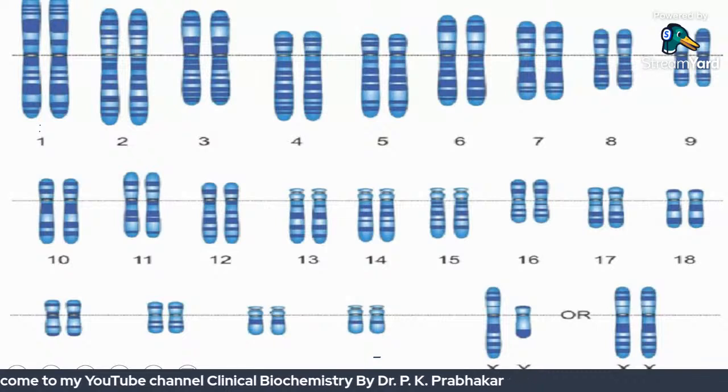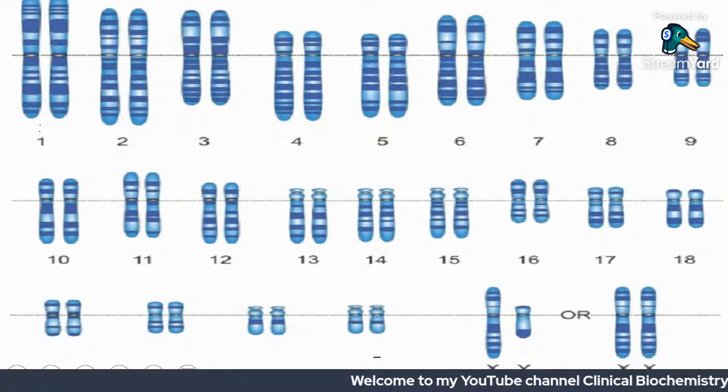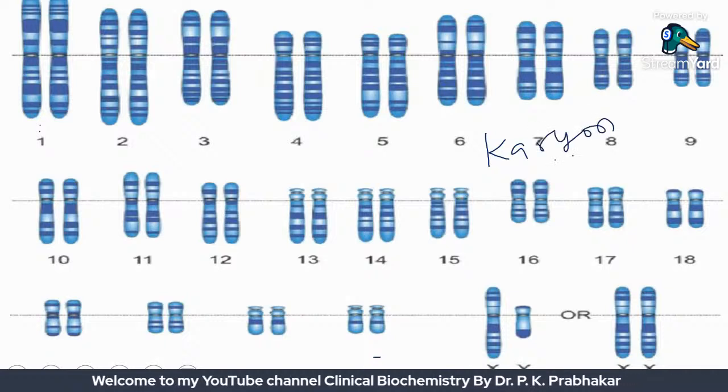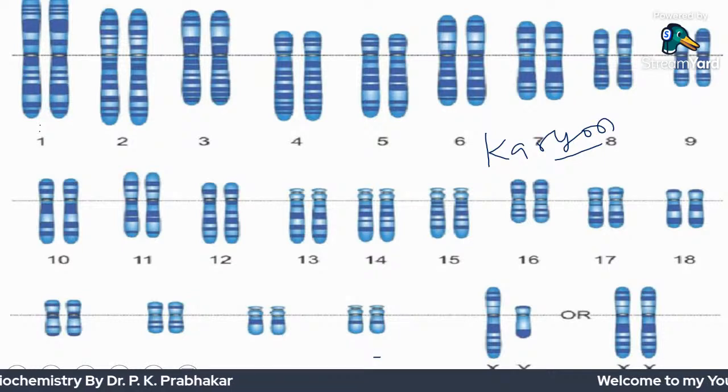If you look at the term karyotype, the word is coming from the Greek word karyon, which means nucleus or seed. It is in no way associated with either DNA or genetics.